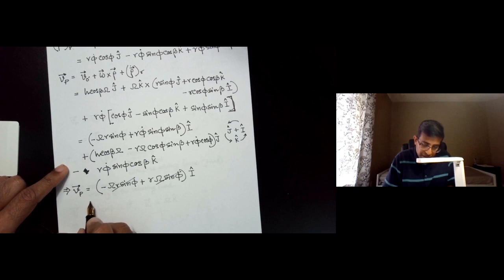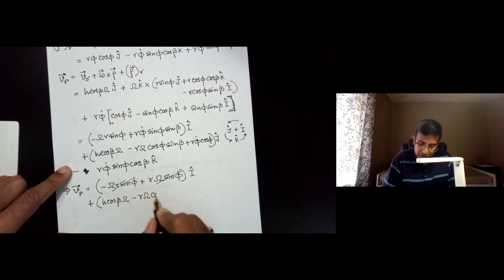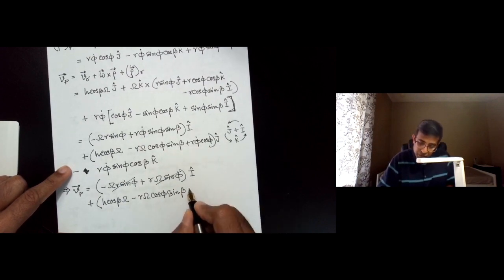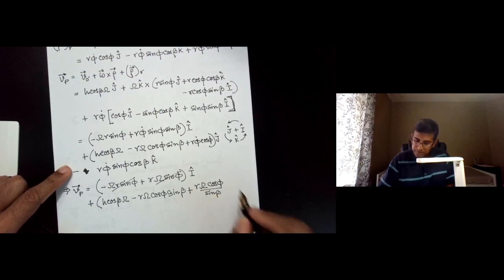In the j direction we have h cosine beta omega minus r omega cosine phi sine beta, and phi dot is omega divided by sine beta, so plus r omega cosine phi divided by sine beta. And this is in the j direction.